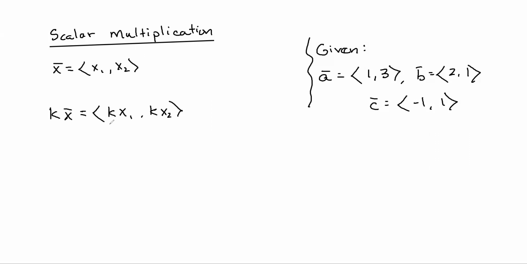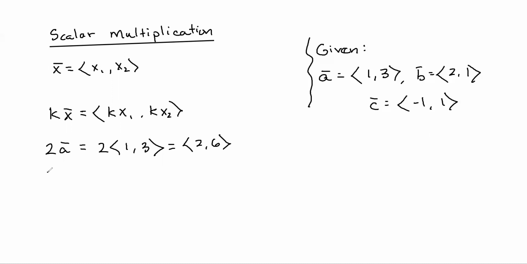So when you do a scalar multiple, you take the scalar and you multiply it by each of the components, by both of the components. So if we wanted to go through and calculate 2a, that would be 2 times 1 comma 3, which would be 2 comma 6.